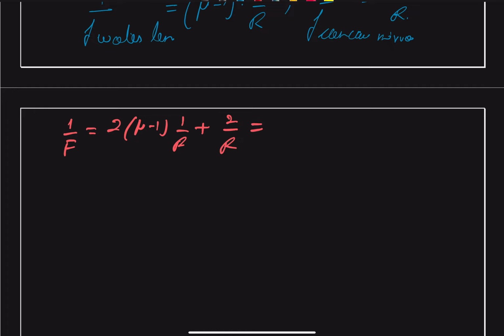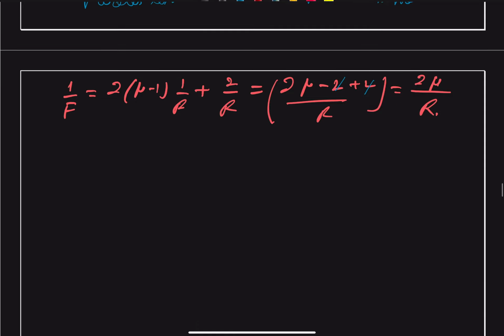And we can just solve it. We can take 1 upon r common, and this will come as 2 mu minus 2, plus 2 upon r. This minus 2 plus 2 cancels out, so this comes as 2 mu upon r, and we can say that our focal length will be equal to r upon 2 mu for the entire complete system. Okay.